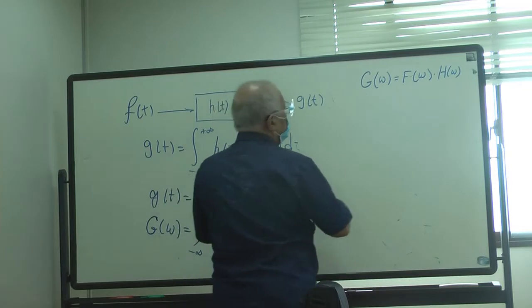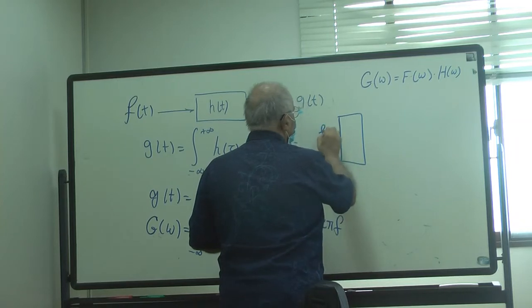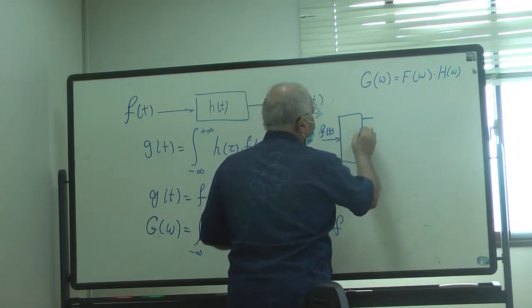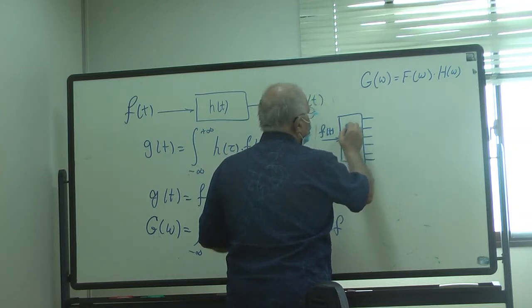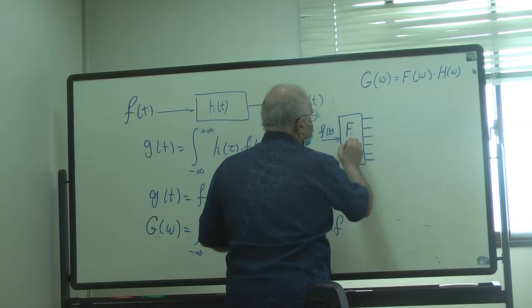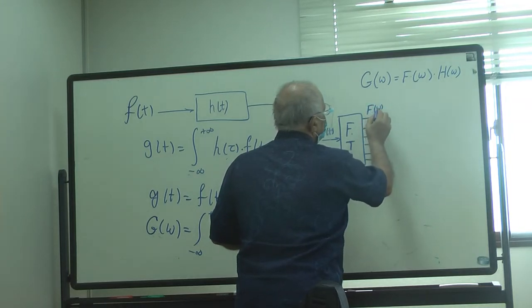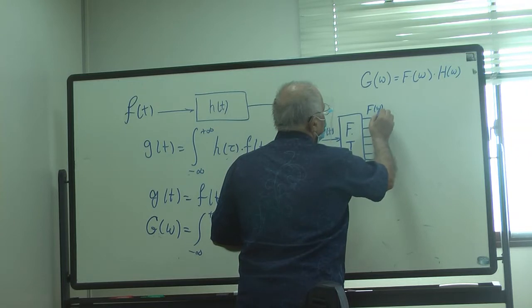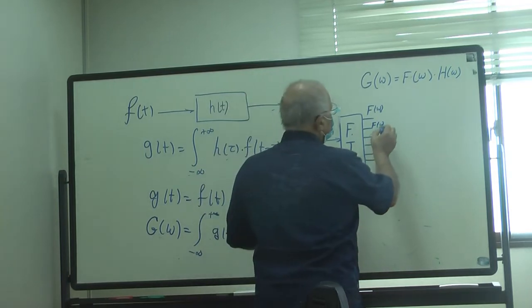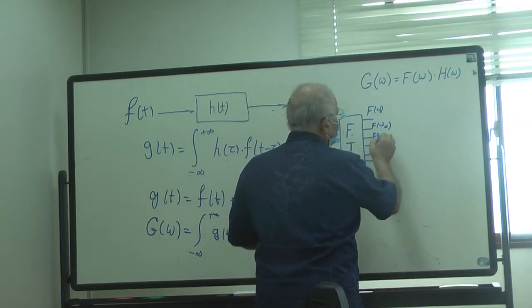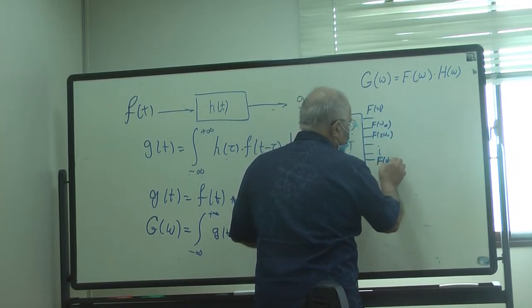for instance, if you have f(t) here, then you have F omega here in parallel. This is the Fourier frequency transform. Then F omega is here, for instance omega 0, 1 omega 0, 2 omega 0, up to n omega 0, multiples of omega 0.